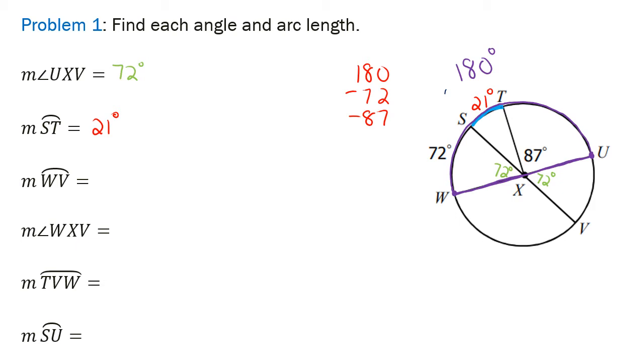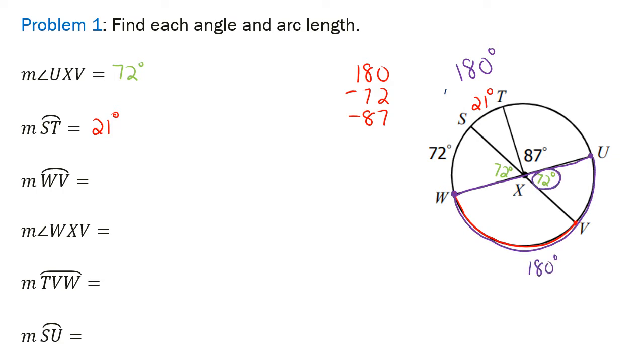The next thing it's asking us to find is arc UV, starting at U and going to V. I can do what I did before: UW is a diameter, and this bottom half of the circle would have to be 180 degrees.